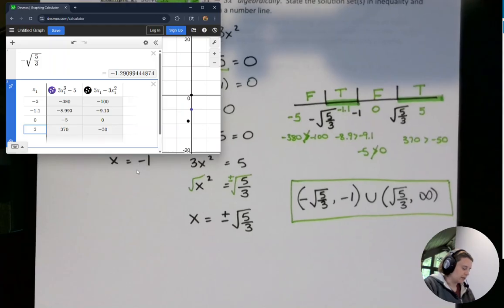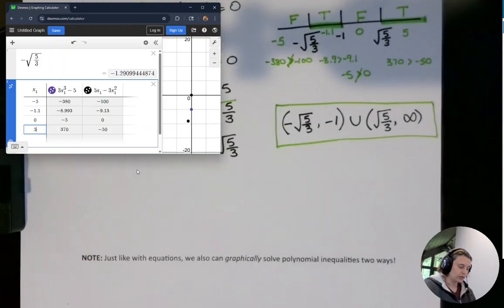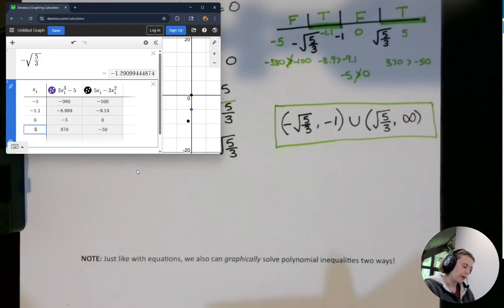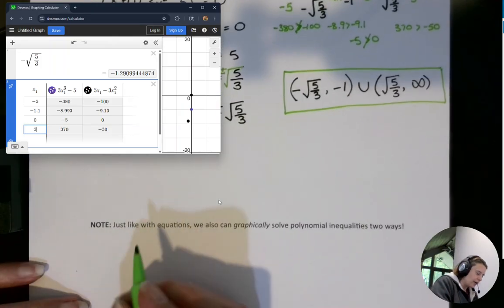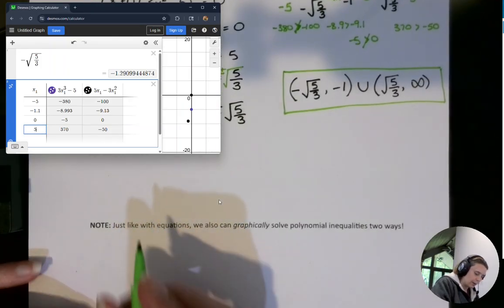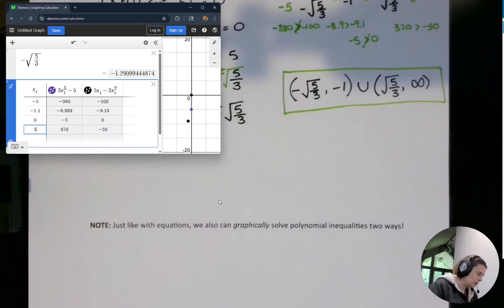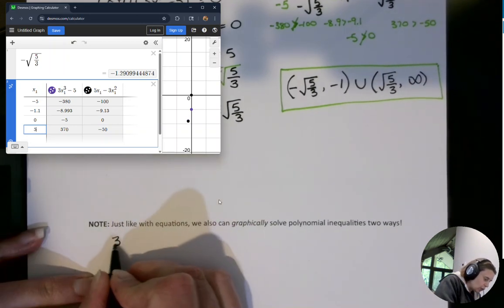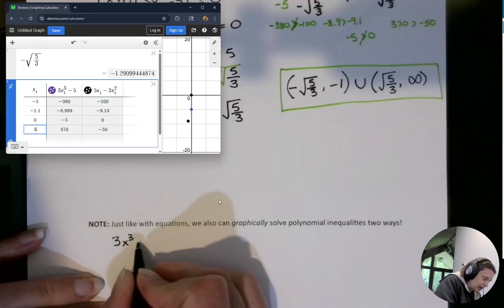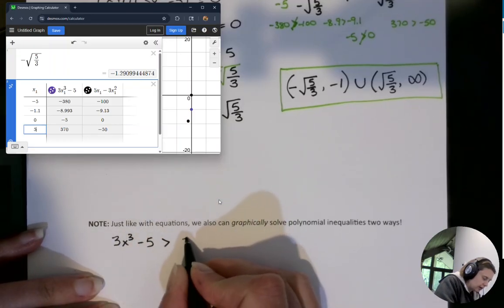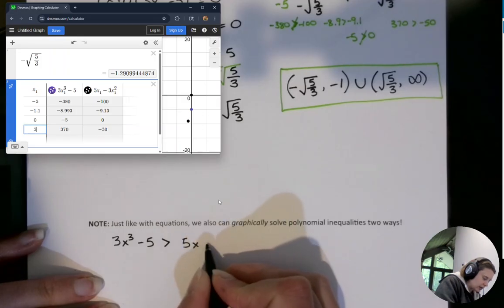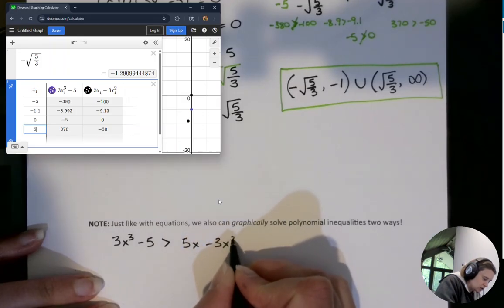Note at the bottom, just like with equations, we can also graphically solve polynomial inequalities in two ways. One of the ways for this one up here, let me rewrite this equation real quick, would be to look at the 3x cubed minus 5 greater than 5x minus 3x squared.